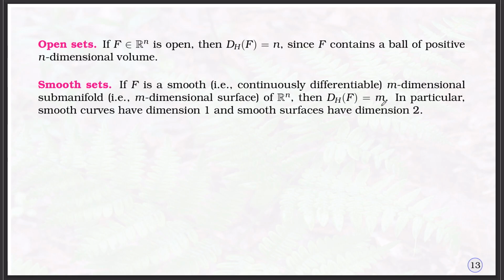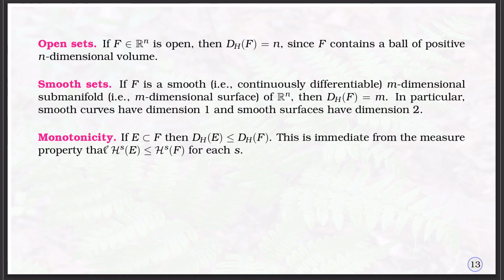For example, in our previous example we considered in R power 3 the unit disk, which has Hausdorff dimension 2 where it is embedded in R power 3. In particular, a smooth curve has dimension 1 and a smooth surface has dimension 2. If you take any curve in R power 3, it has dimension 1, and any surface has dimension 2. So in general, if F is a continuously differentiable m-dimensional submanifold of R power n, then the Hausdorff dimension of F equals m.